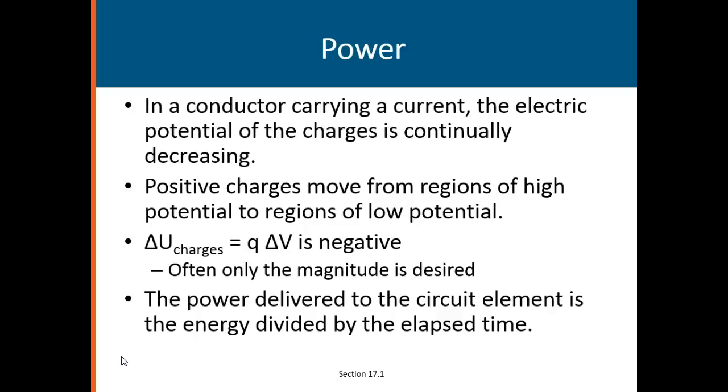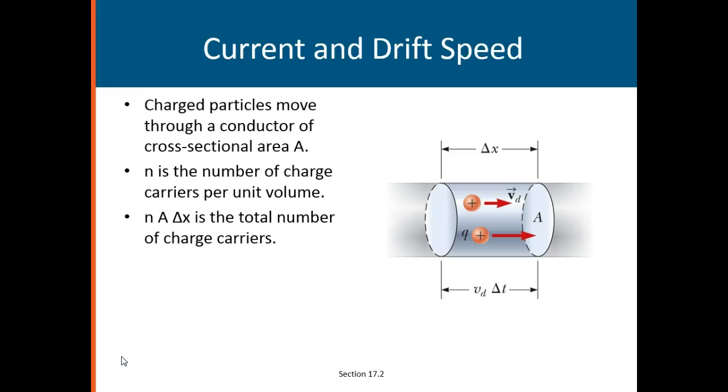Power is delivered to a circuit element: energy divided by time, which is current times voltage. Now we're ready to where they are here. I don't know why they threw that slide in where they did, but here's what we're doing now. Current and drift speed. This is 17.2 in the new edition and in the old edition as well.